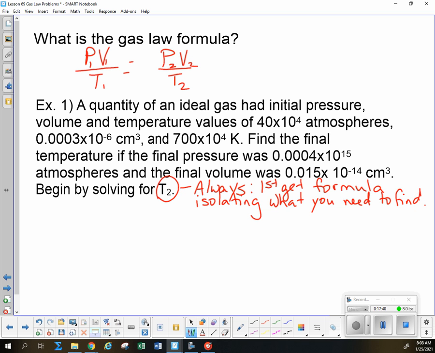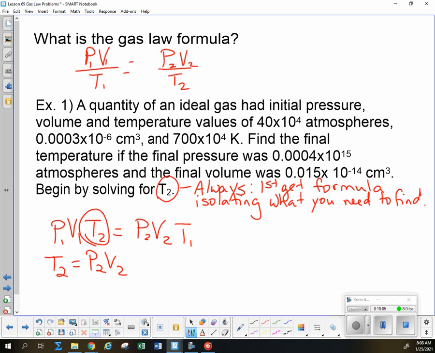One of the easiest ways to do it is to first do the cross product: P1 V1 T2 equals P2 V2 T1. Then, since I want to isolate T2, put a circle around it if that helps you see what you need to do. Divide both sides by that, so T2 is P2 V2 T1 over P1 V1.